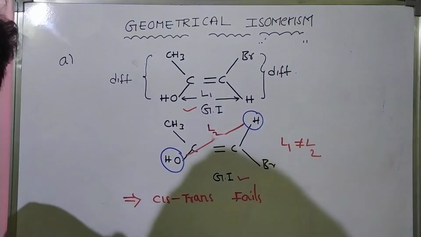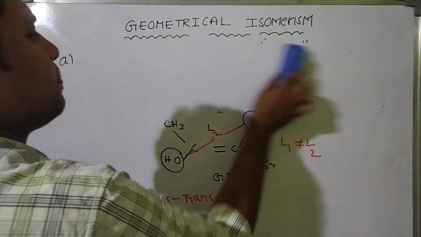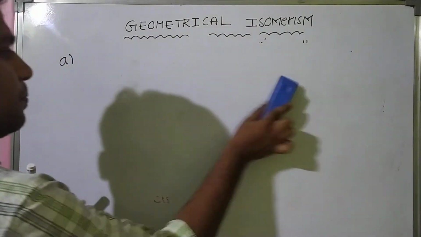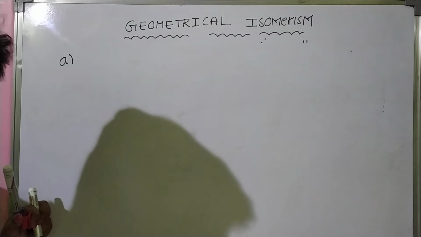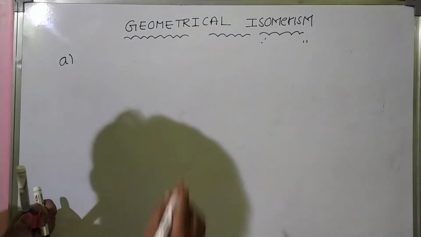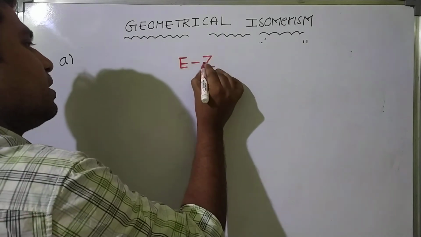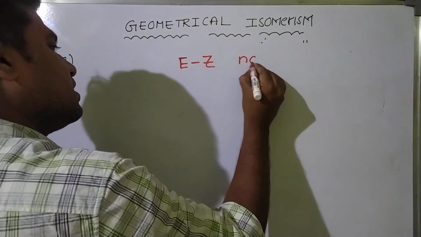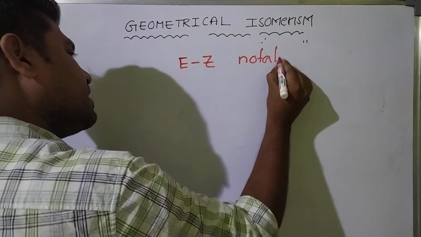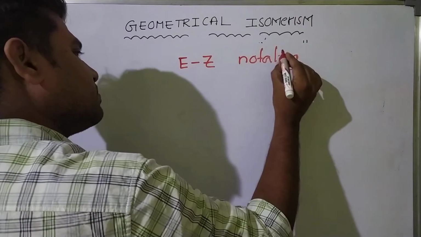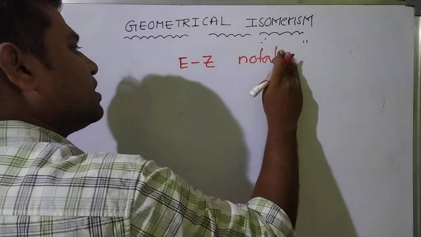Now, EZ configuration, EZ notation. Notation means naming. It is a system.